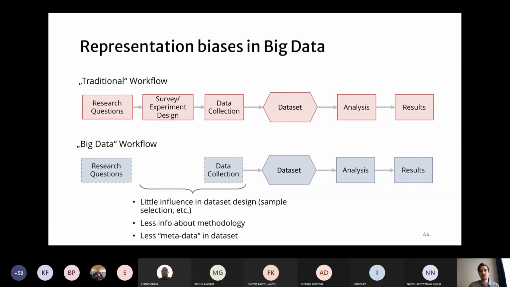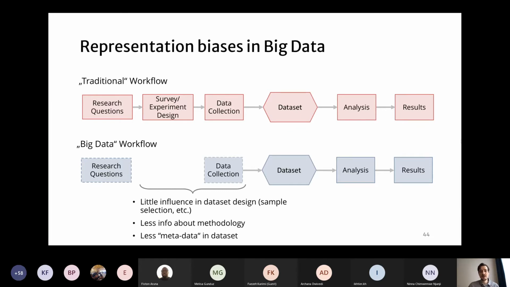You have little influence in the data set design. You don't really know what the sample of users is. You don't have all the information about the methodology. For example, if you have a mobile phone data set from an MNO, they might not tell you all their trade secrets about how exactly they measure trips. And you have in general less metadata in the data set, for example, data about the individuals in the data set.